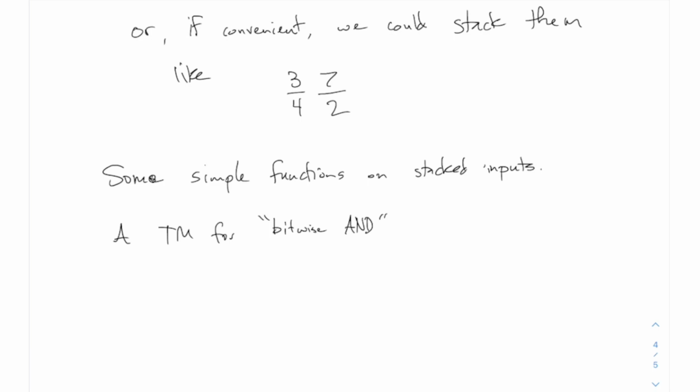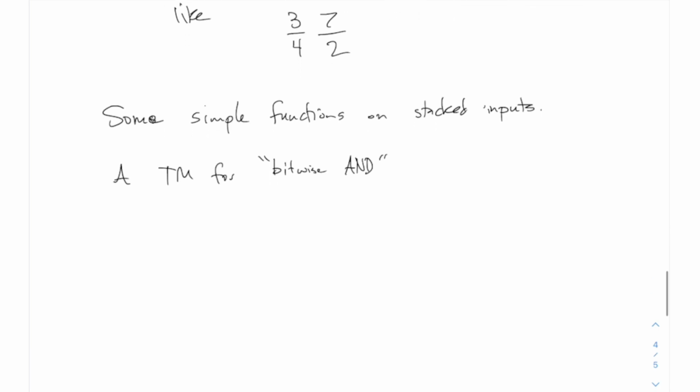That is, if I take 2 binary strings, say 0, 1, 1, how about 0, 0, 1, 1, 0, and 1, 0, 1, 0, 1. 2 strings of the same length, binary. Bitwise AND means that you combine these 2 strings by doing AND, viewing the 0 as a false and the 1 as a true. You combine them using AND, digit by digit or bit by bit.